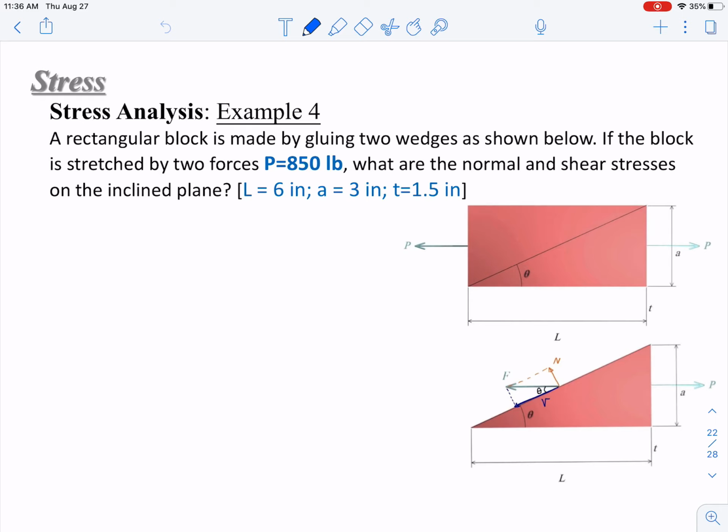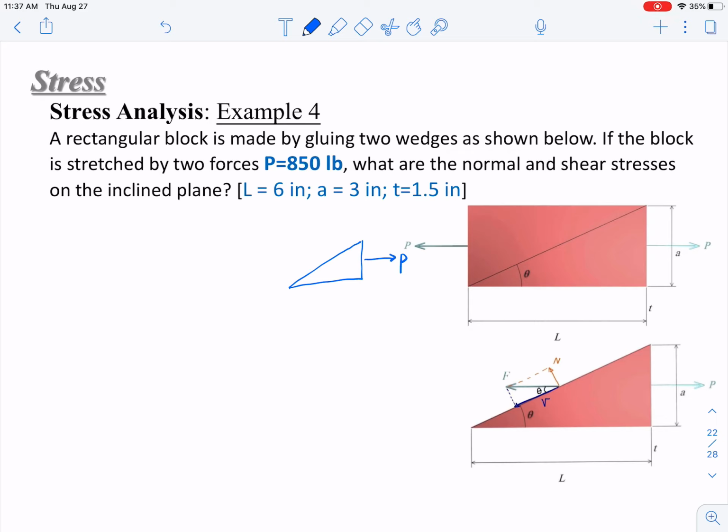Let's just look at the bottom half. You can also focus on the top half, but it doesn't matter. We will select the bottom half for our analysis, and it has a P here.